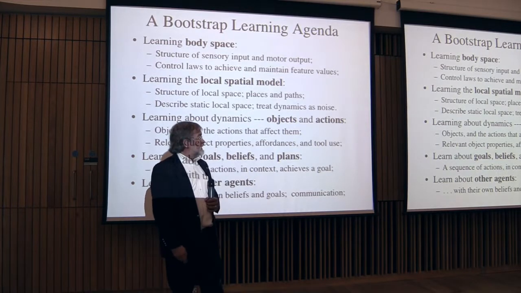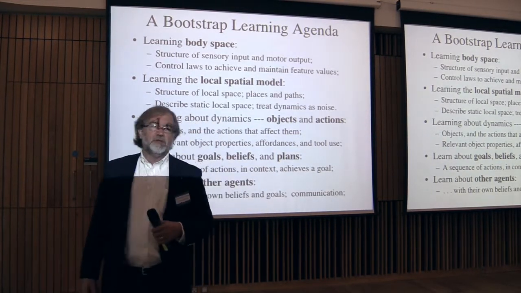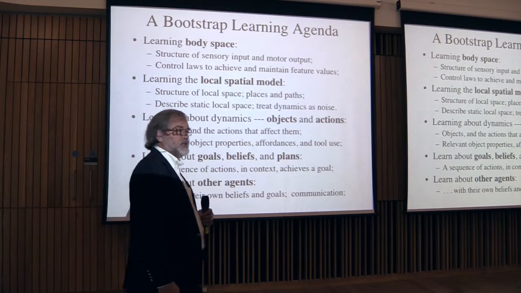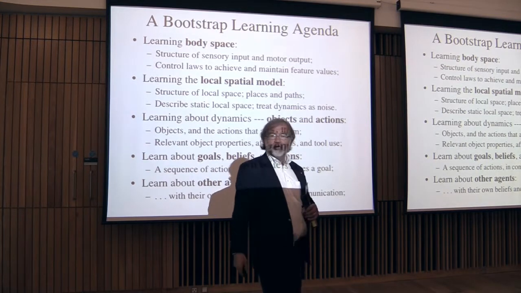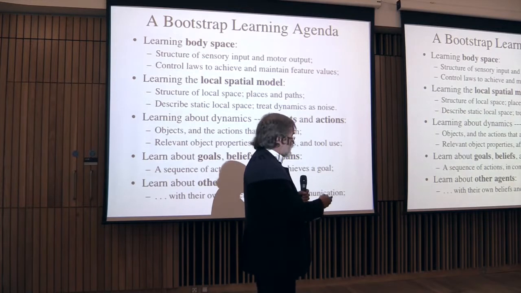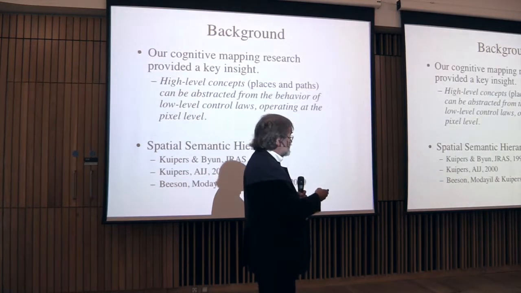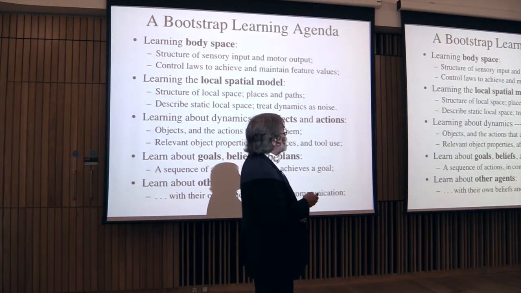So, I made this agenda. This is a little bit of a post hoc agenda to sort of describe the path that I hope to follow. We've only gotten part of the way along it.